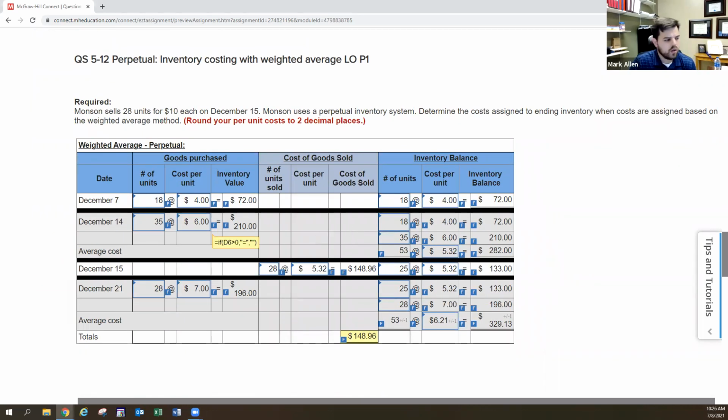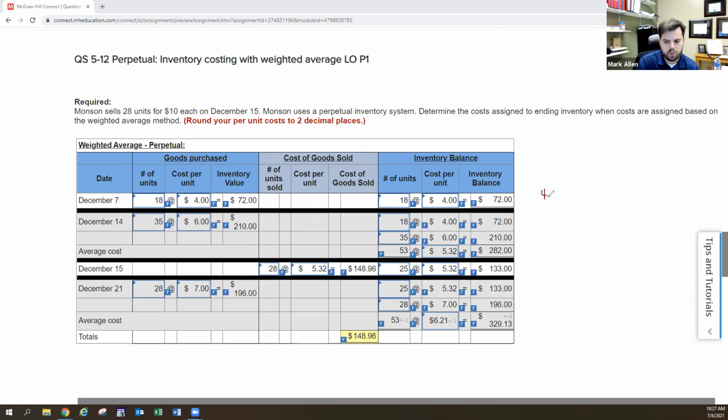So for the next one, we're looking at weighted average. Now, weighted average is a bit more involved than some of the others that we've seen up until this point. But not anything that we can't handle, certainly. We can certainly handle this. So let's go ahead and begin. Well, in this case, on December the 7th, we had 18 at 4, $72. So in truth, could you calculate an average at this point in time?